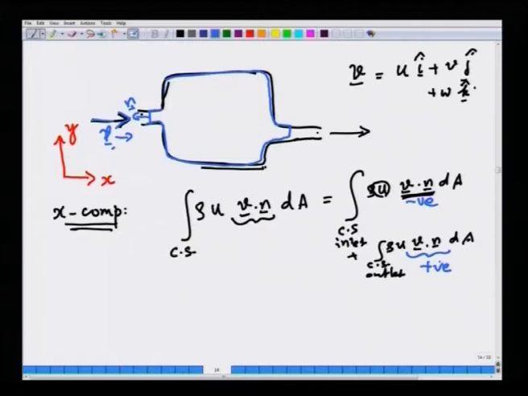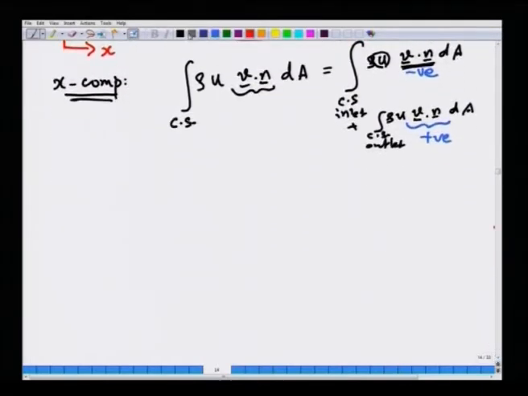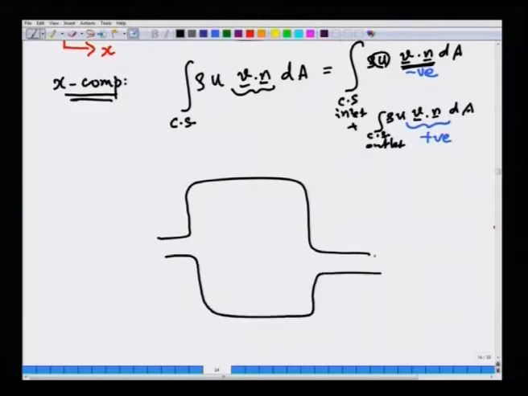Now, somebody else may choose to work with the problem in a different set of coordinate axes, where x is pointing like this and y is pointing like that. It is just the opposite, x is pointing in the opposite direction. Even so, for example, if you want to analyze a problem like that with the new coordinate system, I am drawing the control surface again, same control surface.